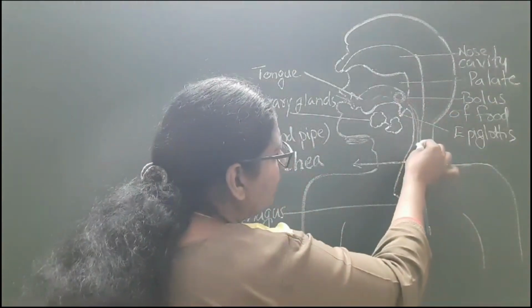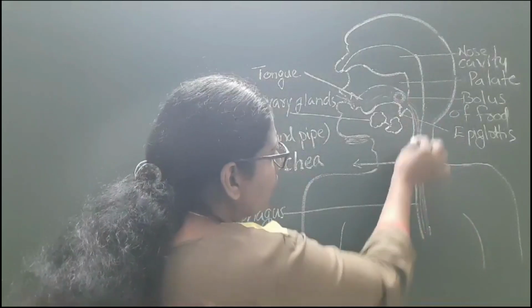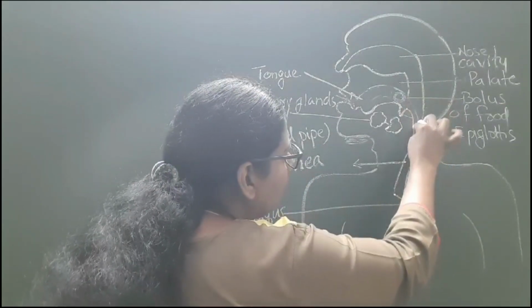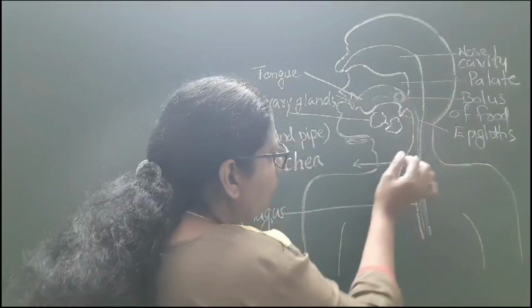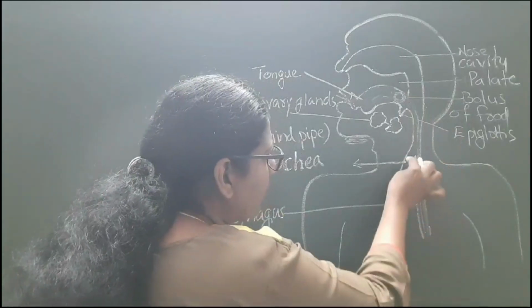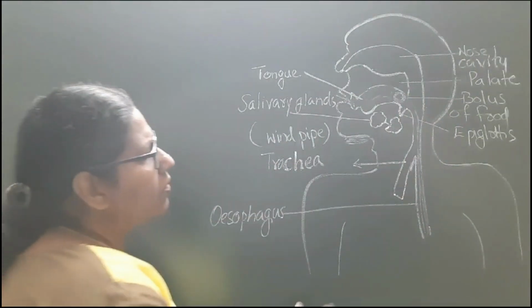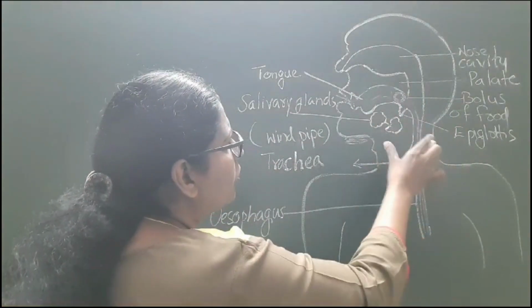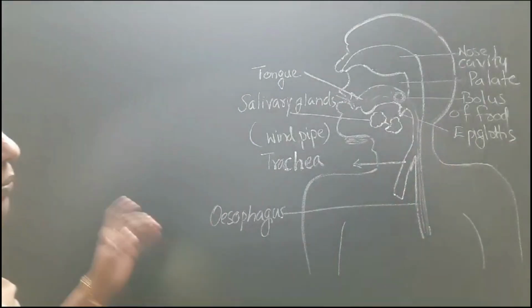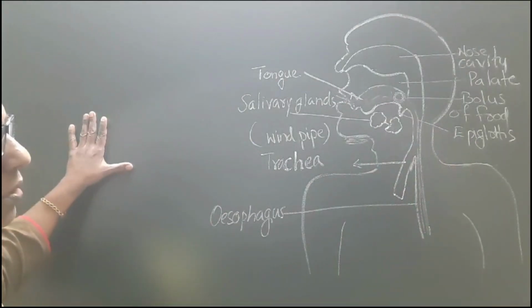Then here is the food pipe or esophagus, and here it divides into 2. When it comes down here, it divides into 2. One is esophagus and one is trachea. So this much you should know when you study about mouth.